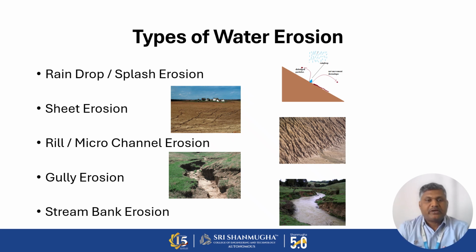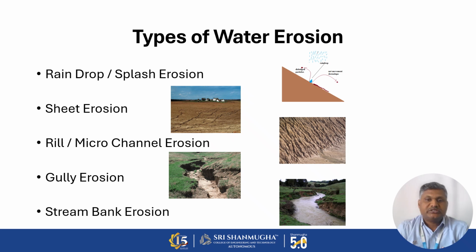The raindrop erosion is also known as splash erosion. This is when raindrops hit the soil, and the particles are impacted by the raindrops, so that the particles are simultaneously detached and transported based on the slope.